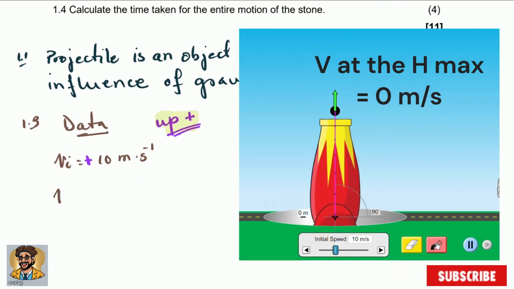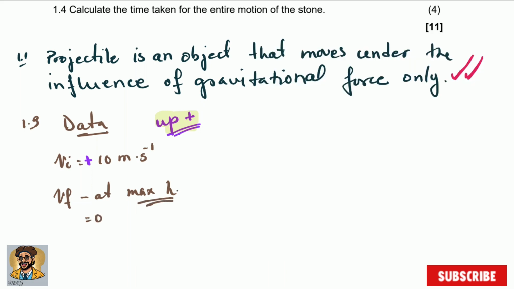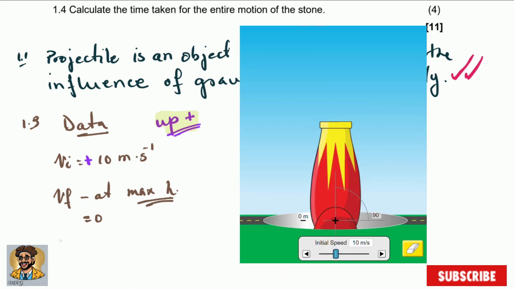What else do we know in this question for data? We know that the final velocity, which in this case is at maximum height, is equal to 0. Remember that the velocity of the object when it's at the maximum height is equal to 0. What else do we have? We have that acceleration due to gravity is equal to 9.8 meters per second squared.